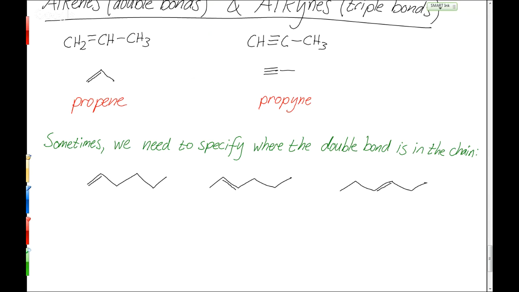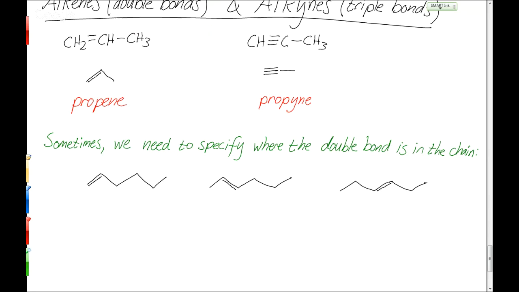Those are different because the double bond is in a different place. Those are isomers. They have the same formula, but the double bond is in a different place in each one. So they need different names. But so far, based on what we've done, those would all be called hexene because they have a double bond.